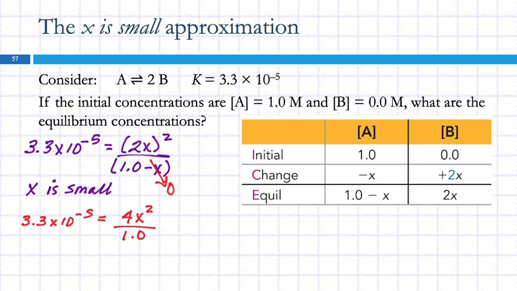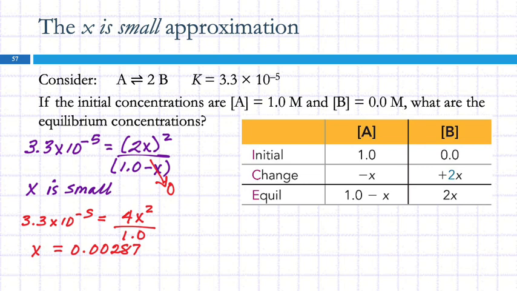And I'm going to get x is equal to 0.00287. Solving this simplified equation for x, x did end up being small. 1 minus 0.00287, if you follow sig fig rules, is still 1.